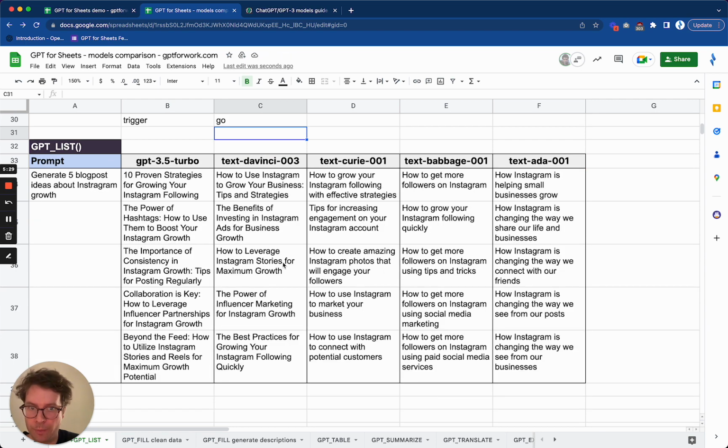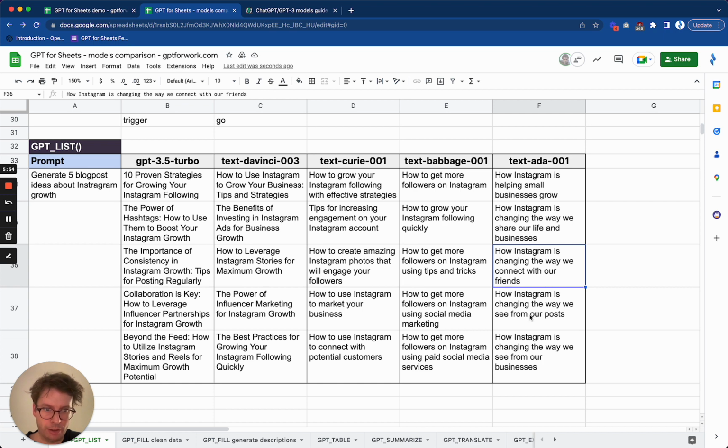Okay, there we go. Let's read them one by one from the right. So Ada: how Instagram is helping small businesses grow, how Instagram is changing the way we share our life in businesses. This one sounds a bit weird. How Instagram is changing the way we connect with our friends.